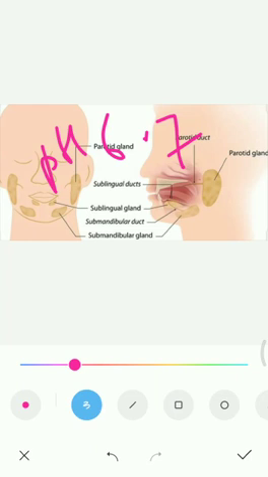The saliva is carried into the buccal cavity, which means the mouth, by the ducts: the parotid duct, sublingual duct or submandibular duct. With the help of these ducts, all the saliva is collected and secreted in the mouth cavity.